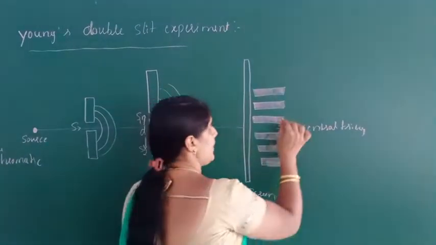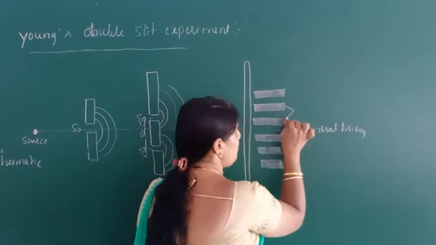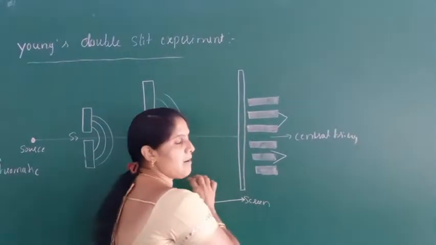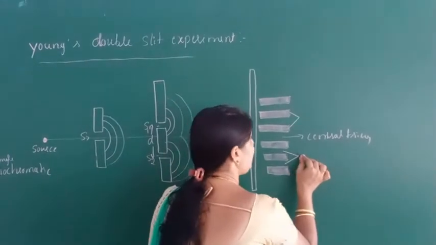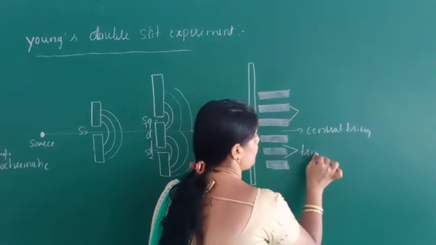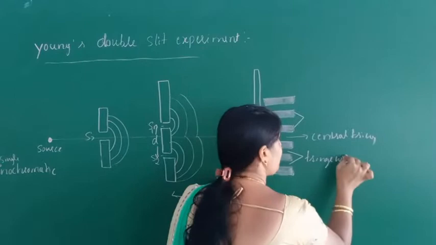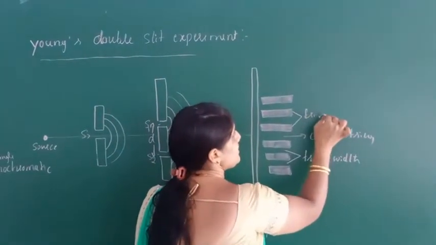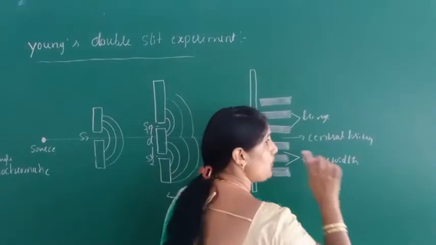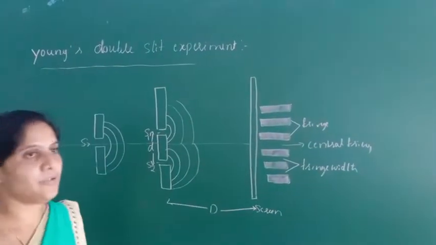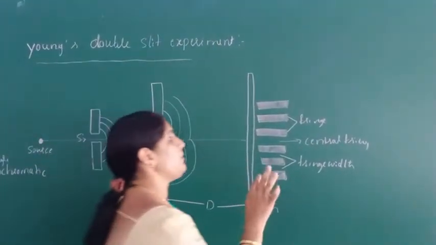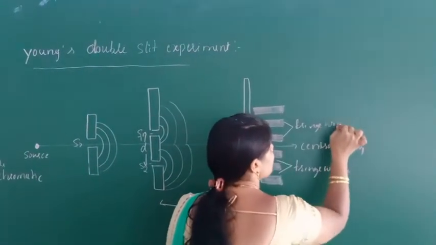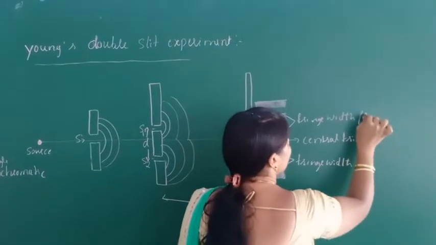What is fringe width? Fringe width is the distance between any two consecutive bright or dark fringes. This fringe width is denoted by beta.